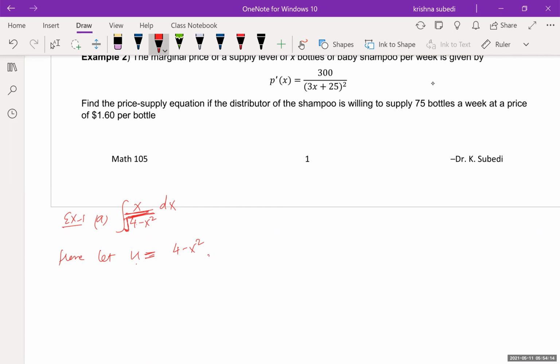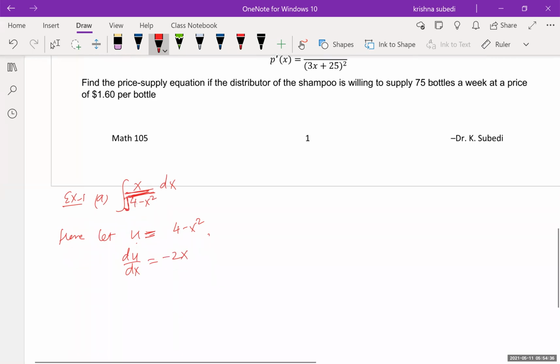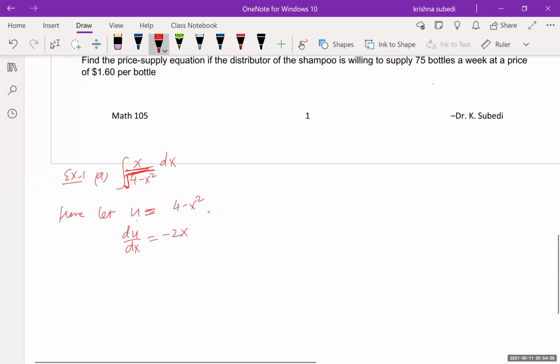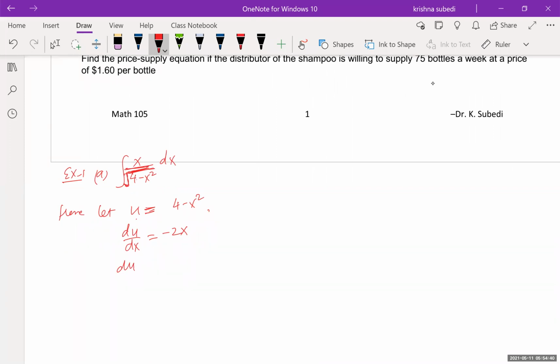Okay. And then we change all x into u and dx into du. So x dx changes into the new variable u. So du over dx is going to be, find the derivative, which will be minus 2x. Then your du, you can write this as minus 2x dx.